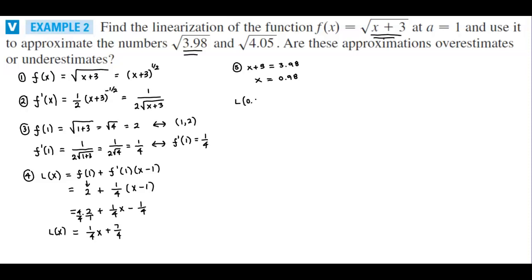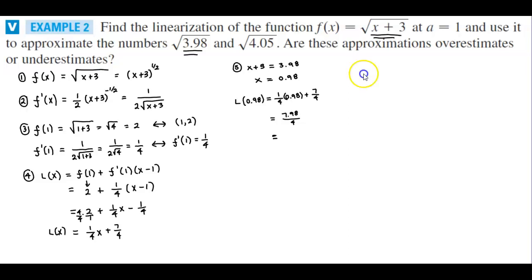The linearization of 0.98, we're going to plug it into that function, which is going to be 1/4 times 0.98 plus 7/4. And so therefore that becomes 7.98 divided by 4.